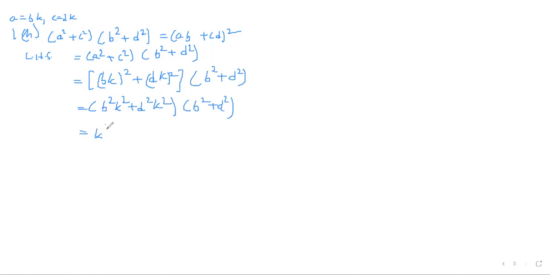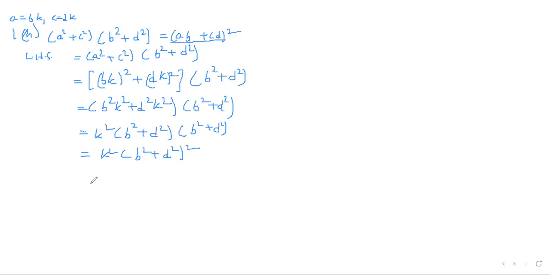So first, from first bracket we can take K square common. So it is B square plus D square into, in second bracket, it is already B square plus D square, means K square into B square plus D square whole square.